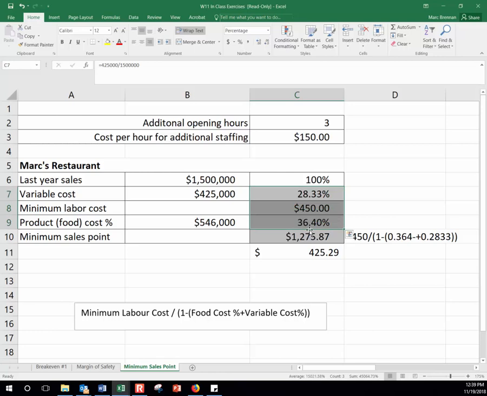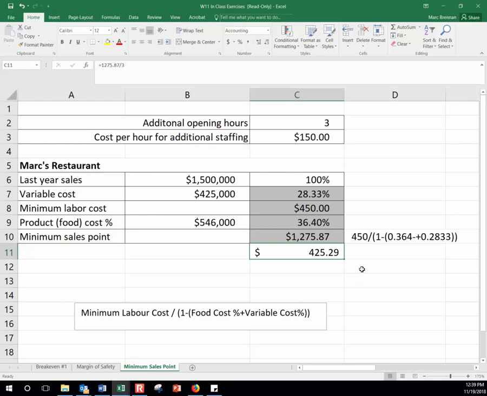When I combine all of those, it's going to explain to me that I need to make this much money in order to just make this make sense. If I have projected sales for those 3 hours below this number, or per hour below this number, I shouldn't stay open. I shouldn't add any opening hours, or else I'm going to be losing money. And that's how you use your minimum sales point.